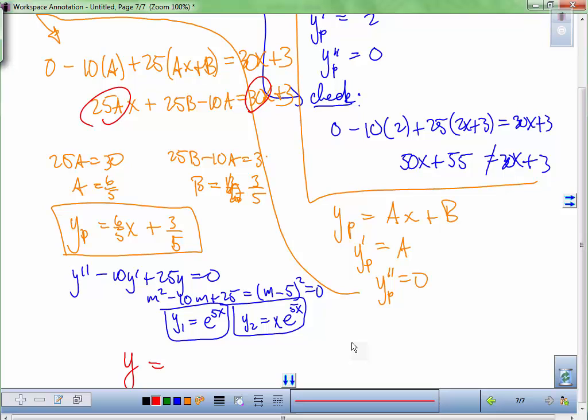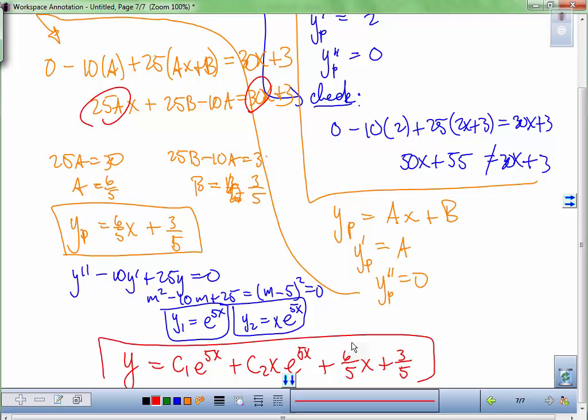There's a c in front of the y1 and y2, but there's no c in front of the particular because that is the particular solution. So we got c1 e to the 5x plus c2 x e to the 5x plus 6/5 x plus 3/5. And then that is your general solution.